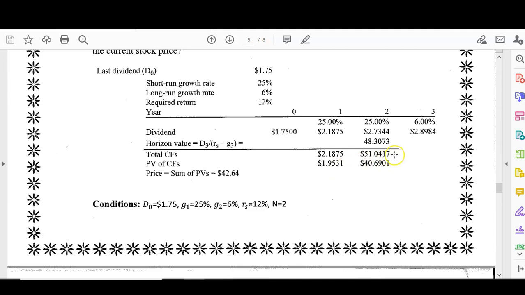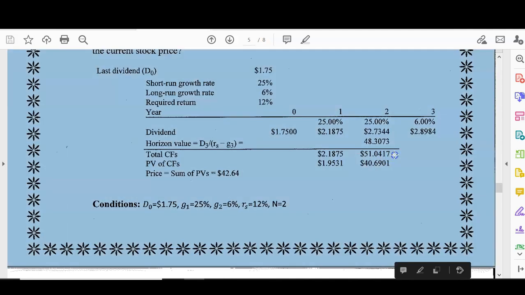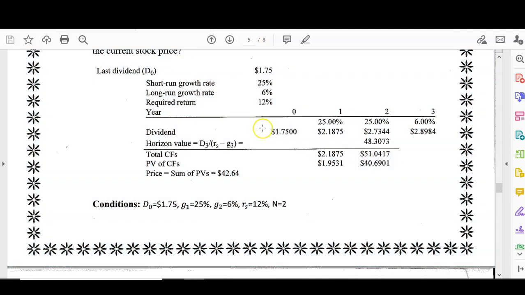For D2 plus P2, you can discount by dividing by 1 plus 12% squared, so you have 40.6901. Then you add these two numbers up, and you have the sum of the present values, which is 42.64 as our stock price.